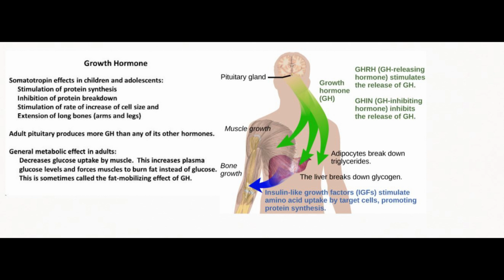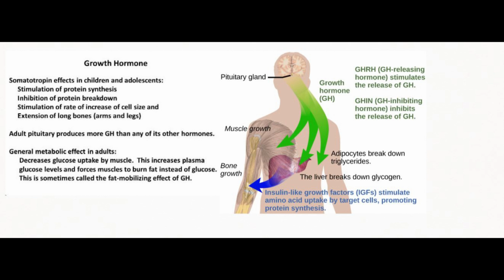The growth hormone increases the transcription of the DNA to RNA, and that will cause the increase in the synthesis of the protein in cells. The growth hormone inhibits the breakdown of protein, so that will help in building up of tissues.